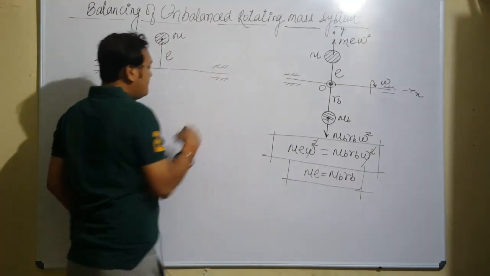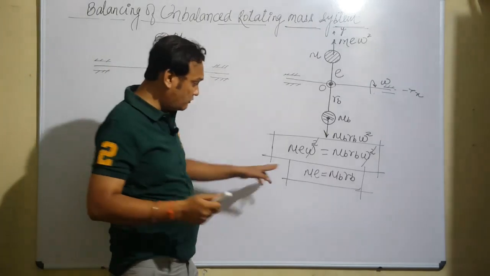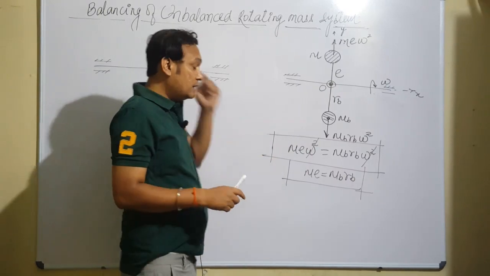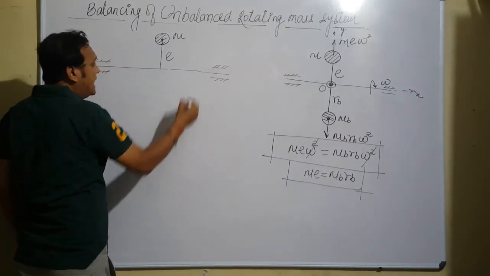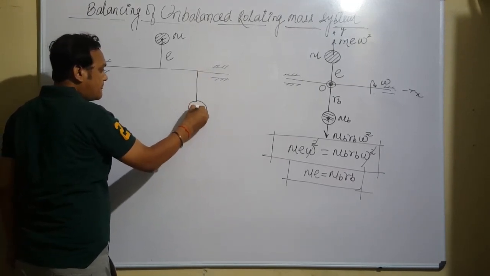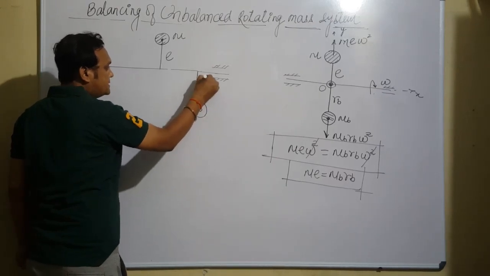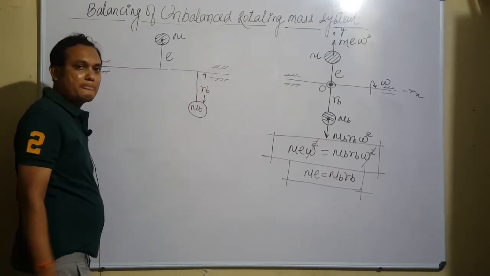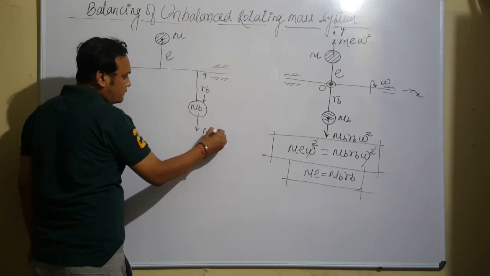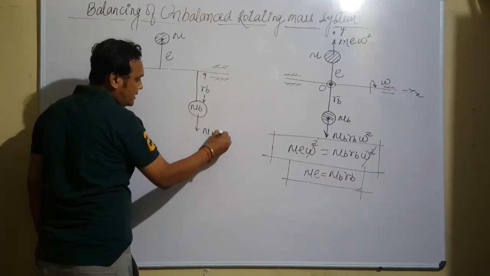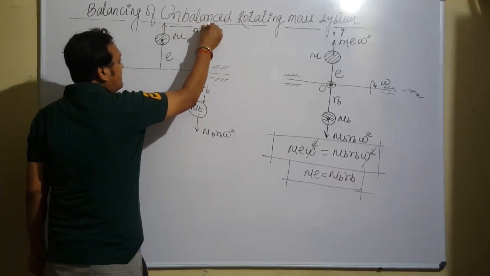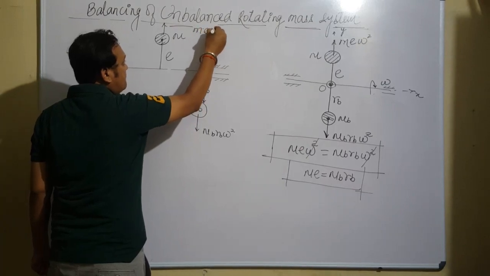If we argue from the point of view of center of mass, that we have to bring the center of mass to the axis of rotation only, then we can add our balancing mass here also, mb at a radial distance rb, in such a way that the centrifugal force by mb rb omega square and the centrifugal force created by the unbalanced mass me omega square are equal.